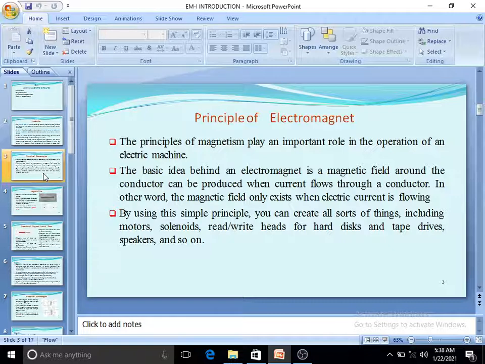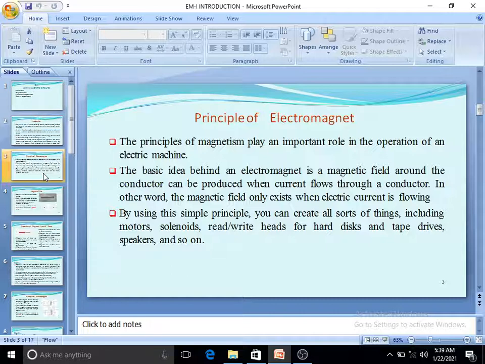What is the function of the magnet? It develops magnetic lines of force up to a certain area, and these magnets have an attractive force. If you create a magnet consisting of two poles, north pole and south pole, the property of the magnet is to generate magnetic lines of force, which are nothing but flux, which is imaginary.